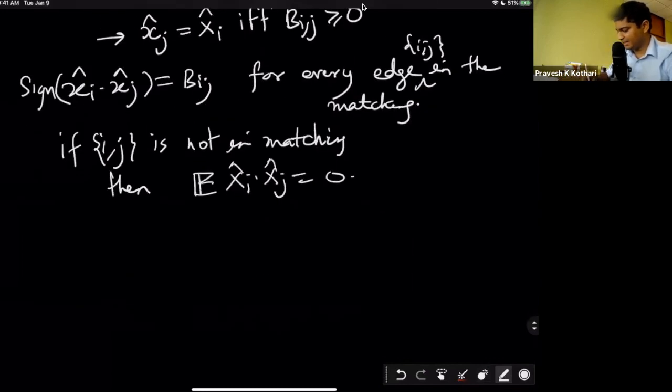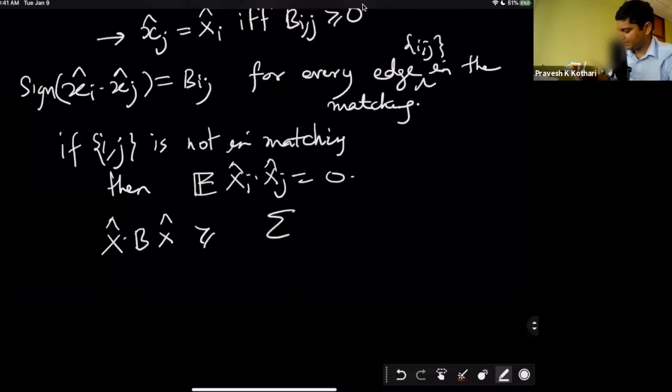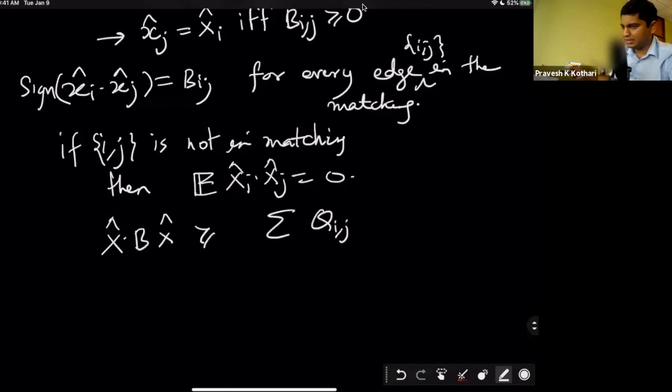Okay. So what does this mean? It means that x hat transpose B x hat is at least, let's call q_ij the 0, 1 indicator of whether the edge ij is in the matching.